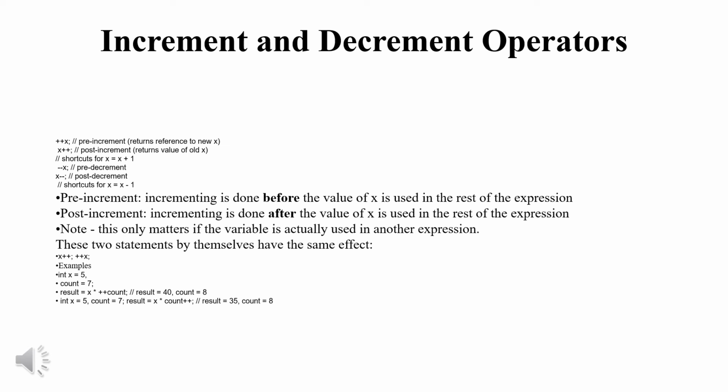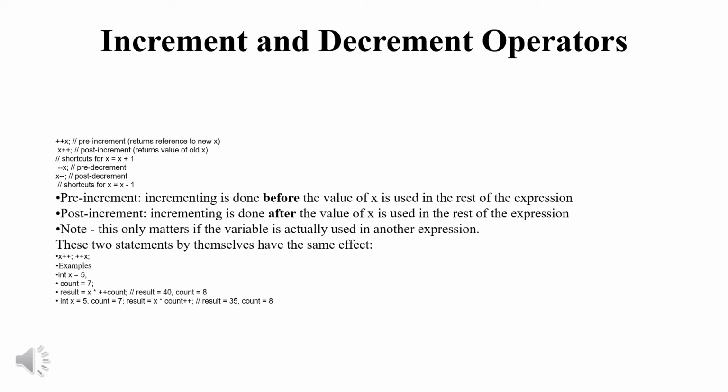Minus minus x is called pre-decrement, and x minus minus is called post-decrement, right? So here, when you are using, for example, a pre-increment like plus plus x, the value of x will change, right? Will be increased by 1 at that line of code.